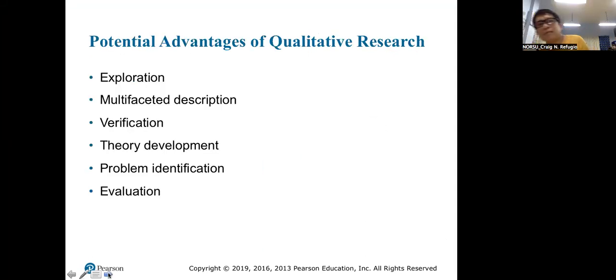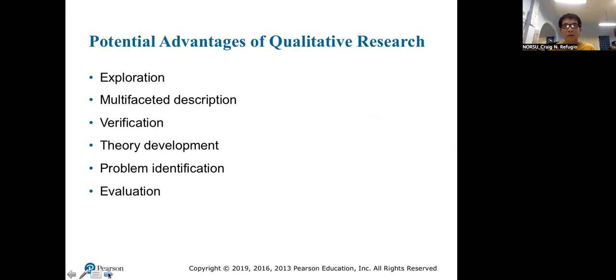So what are the potential advantages of qualitative research designs over the quantitative research designs? Number one is all about exploration. If you can recall those videos about quantitative research design, I emphasized that in quantitative, we look into the explanation of those different phenomena as observed by the researchers.